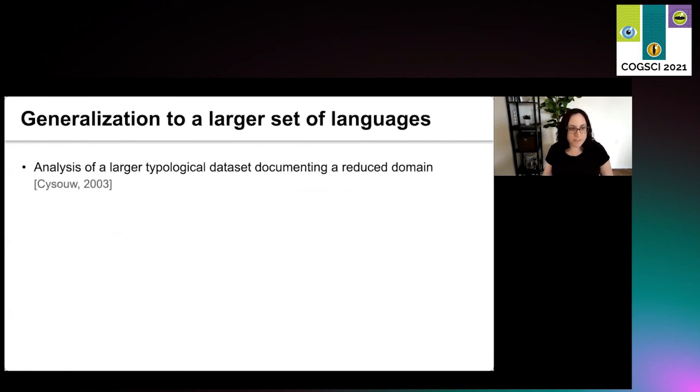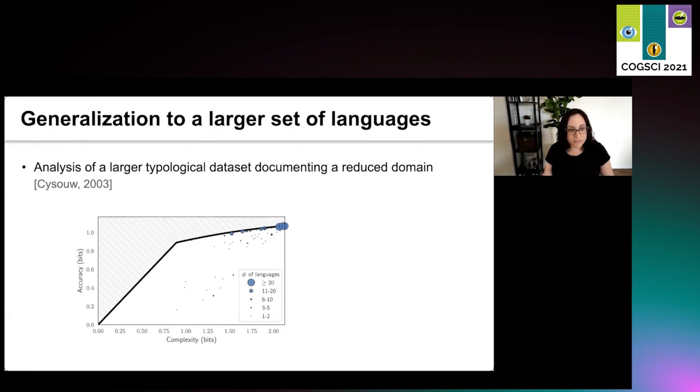And finally, we tested the generalization of these results beyond the 10 languages in our data by considering a much larger typological data set, even though this data set documents only a reduced domain with 8 referents instead of 11. We found that also in this data set, the vast majority of person systems are near optimally efficient given the egocentric model, and that the egocentric model outperforms the unbiased model.